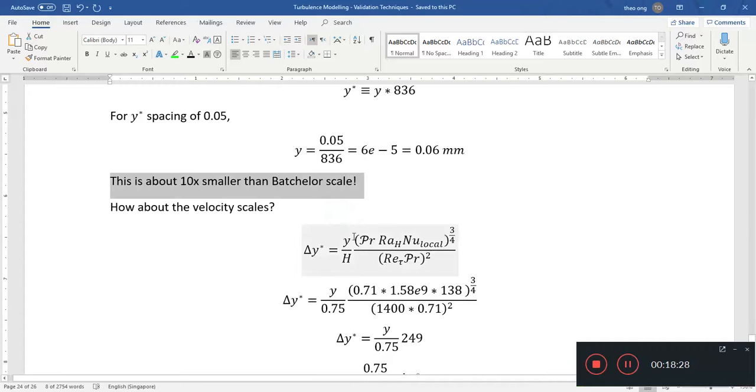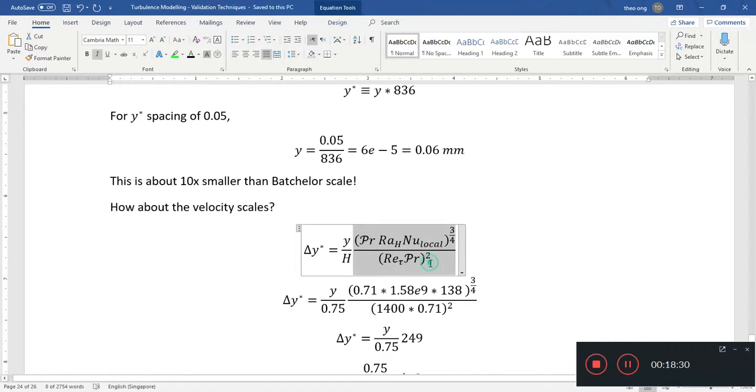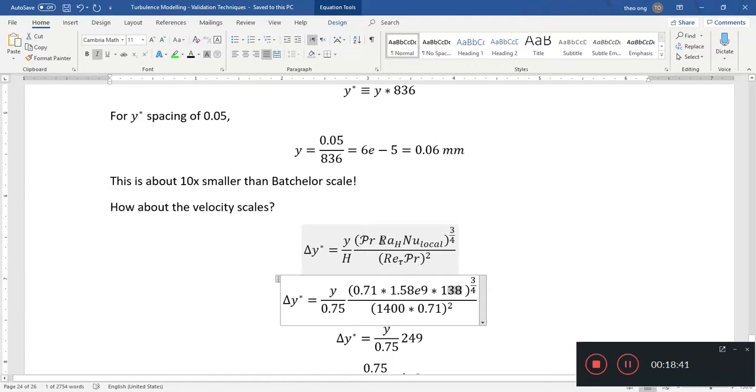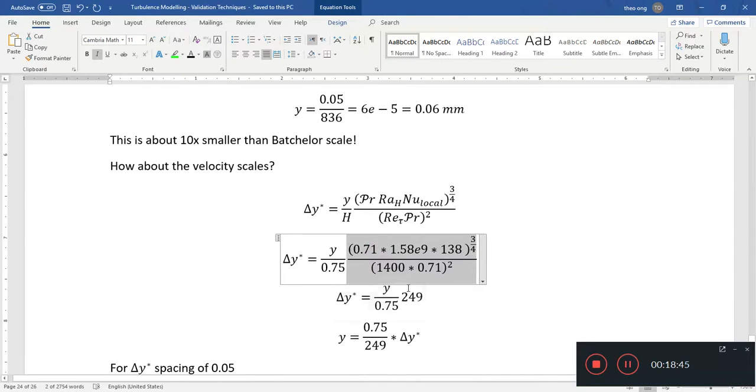If we substitute all the dimensionless numbers back in, this time using the friction Reynolds number of 1400 and the Nusselt number of 138, by doing so, you just plug and play all these numbers in, we get about 249 here, and we just get y as a function of this factor times delta y star.